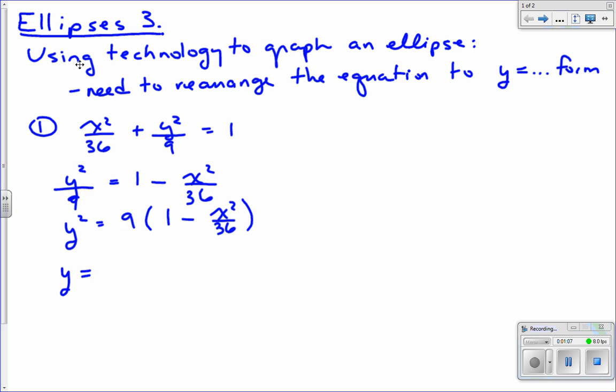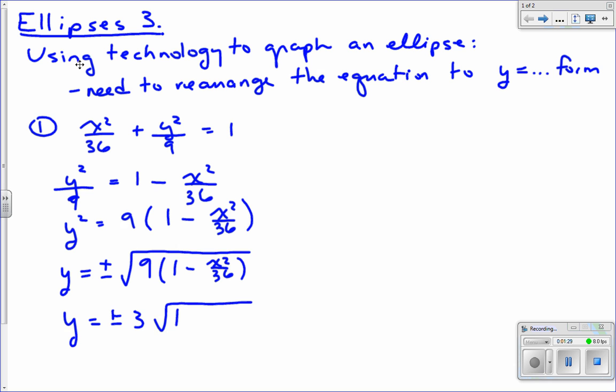So y is equal to positive and negative root of all of this stuff, 9 times 1 minus x squared over 36. The square root of 9 is 3, so I could simplify that a little bit and say y equals plus or minus 3 times the root of 1 minus x squared over 36.